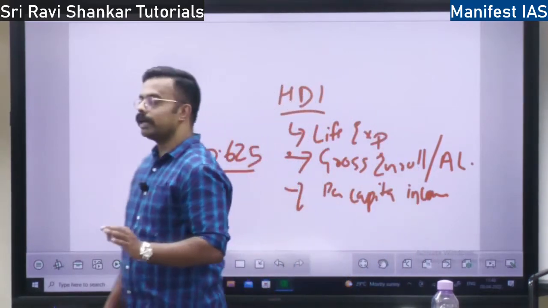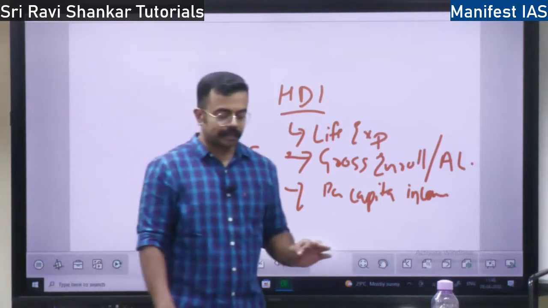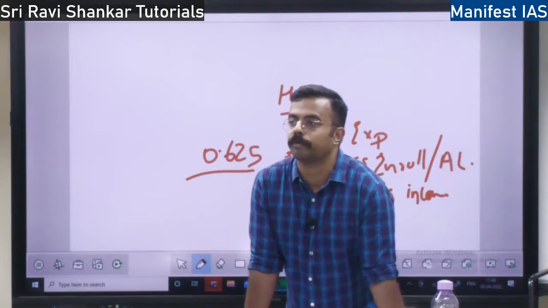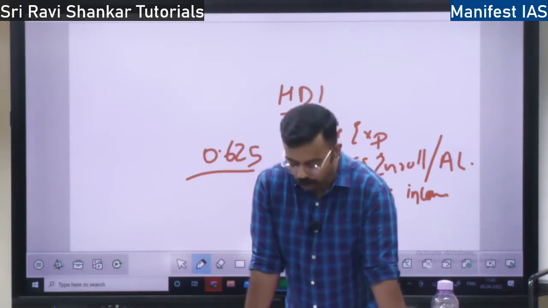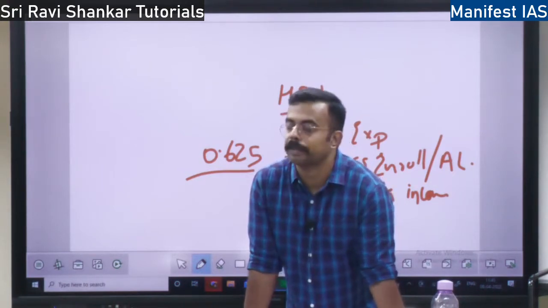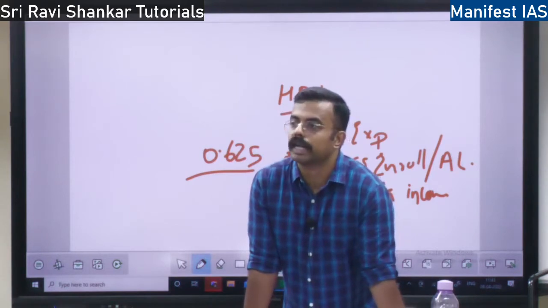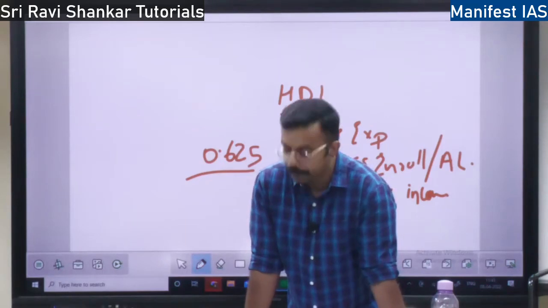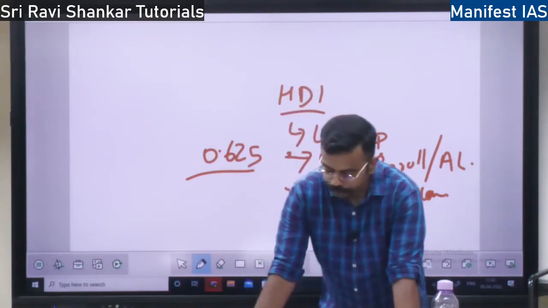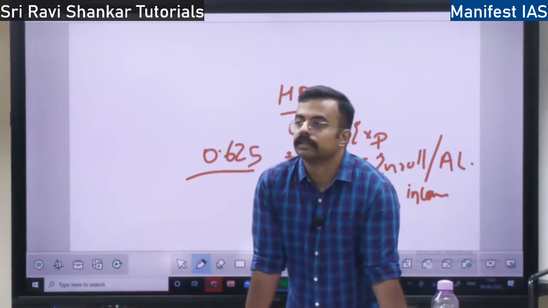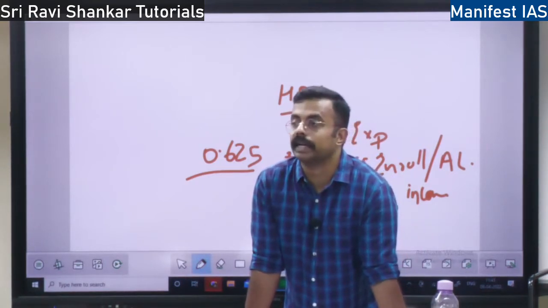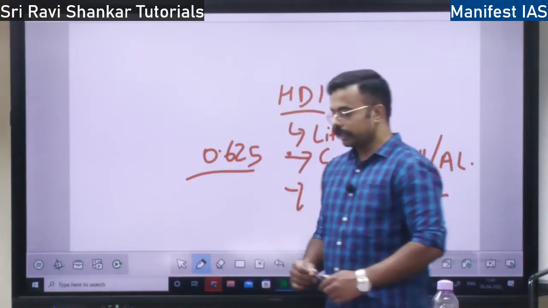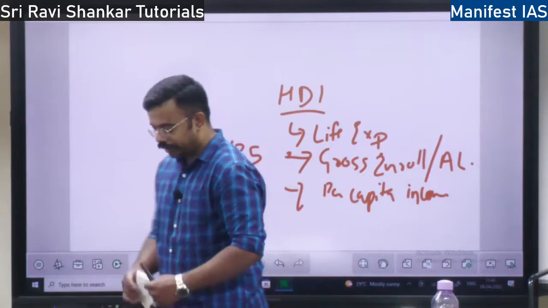What are the factors? The first factor is access to resources by all. If we provide resources to all the population, increase the per capita income or gross national product, and provide employment opportunity, then the National Human Development Index will be high. But with respect to economic indicators, there are many problems also.